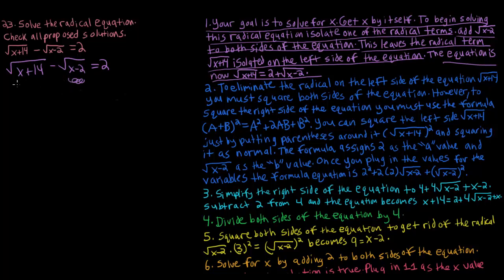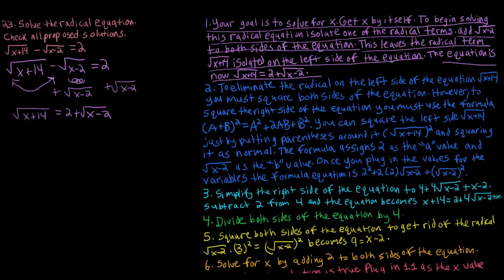Right here we have 2 radicals on one side. We don't want that. We want just 1 radical on each side of the equation. So we can add square root of x minus 2 on both sides. And that gives us square root of x plus 14 equals 2 plus square root of x minus 2.